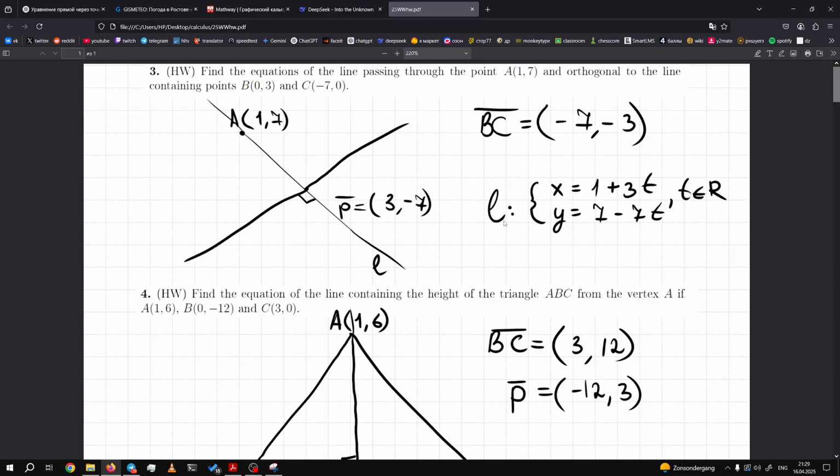Now let's solve exercises for a clearer explanation. So number 1, find the equations of the line passing through the point A (1, 7) and orthogonal to the line containing points B (0, 3) and C (minus 7, 0).